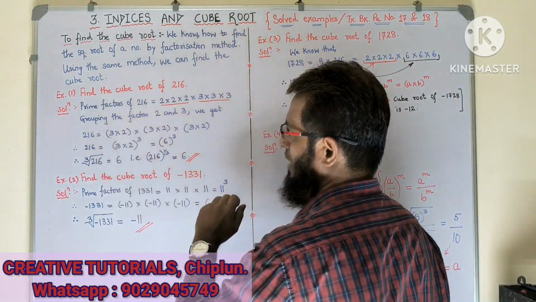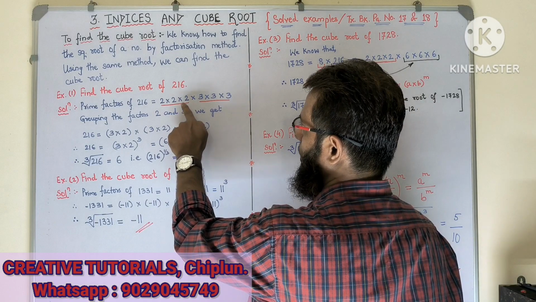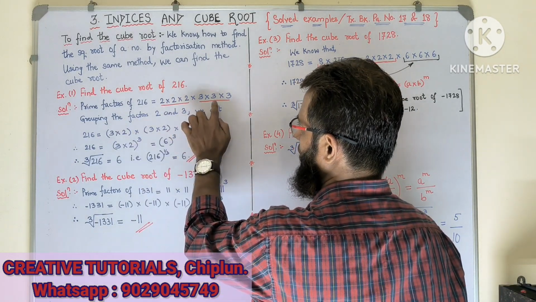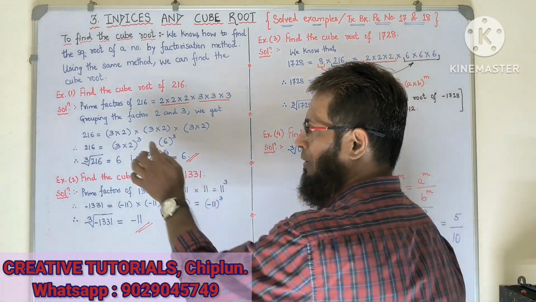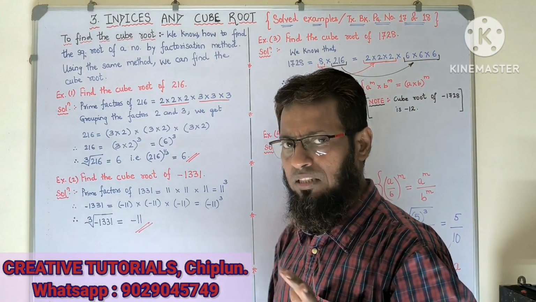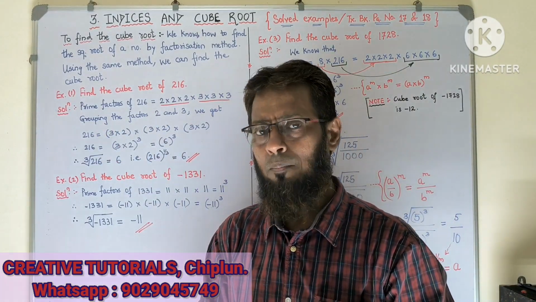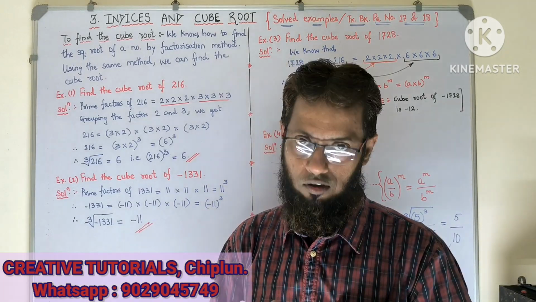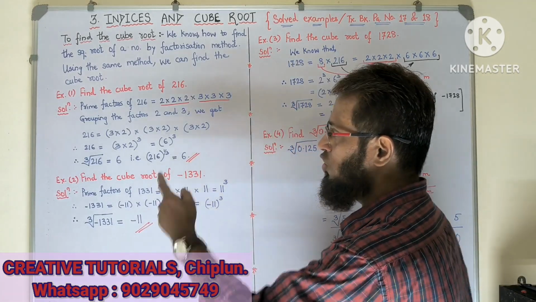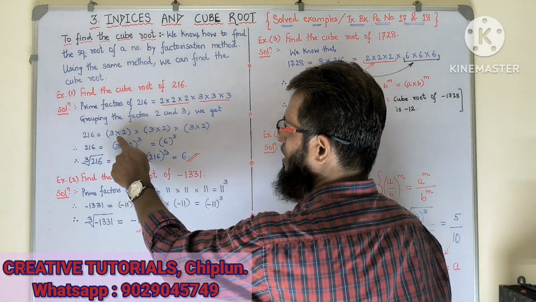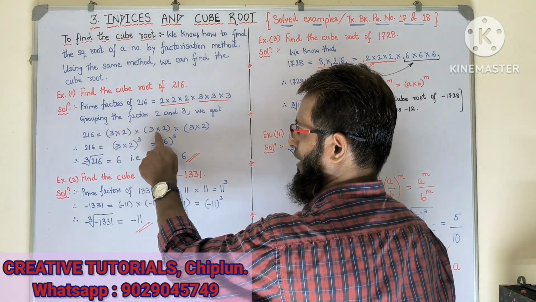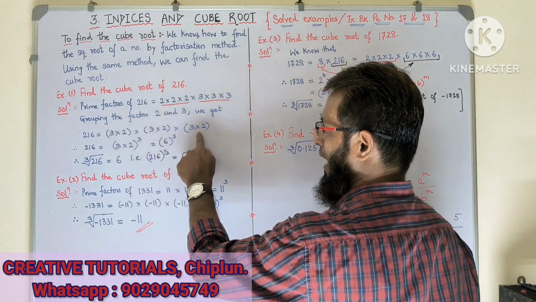Now 216 I can write as 3 multiplied by 2 multiplied by 3 multiplied by 2 multiplied by 3 multiplied by 2. So basically what is written here are nothing but the prime factors only, but we are doing grouping of those prime factors now. So by doing so what we get, 216 is equal to, now this 3 multiplied by 2 has appeared thrice. You see 1, 2 and 3.